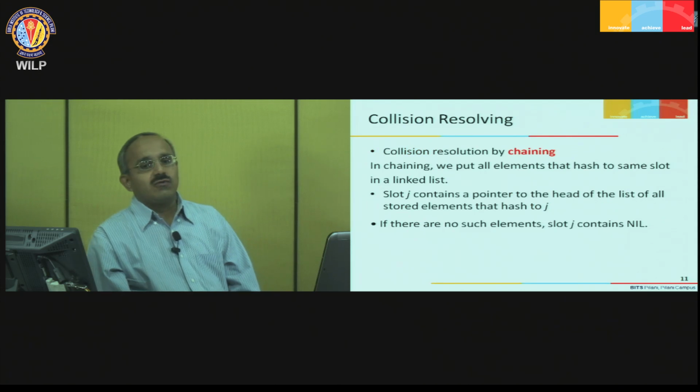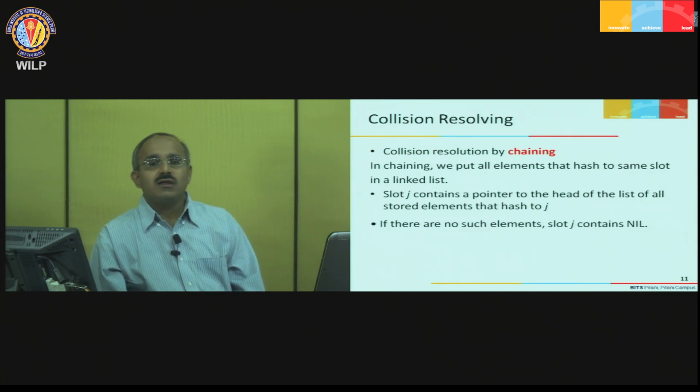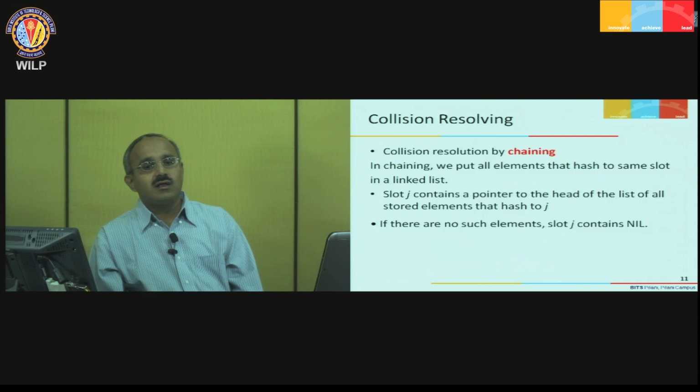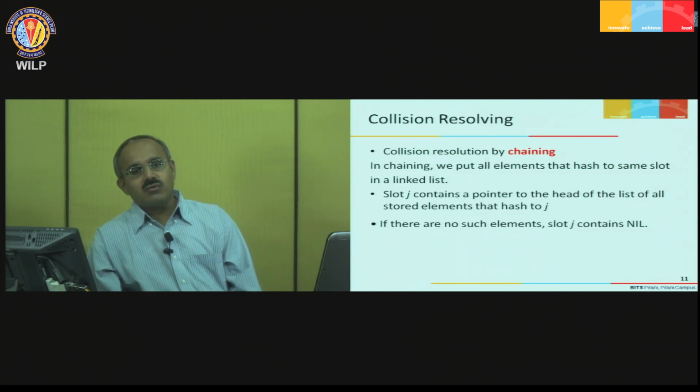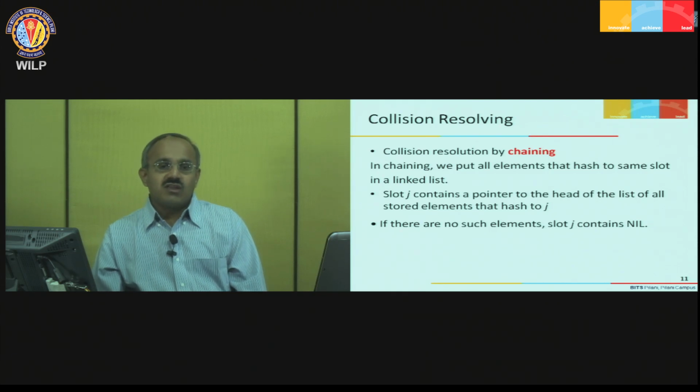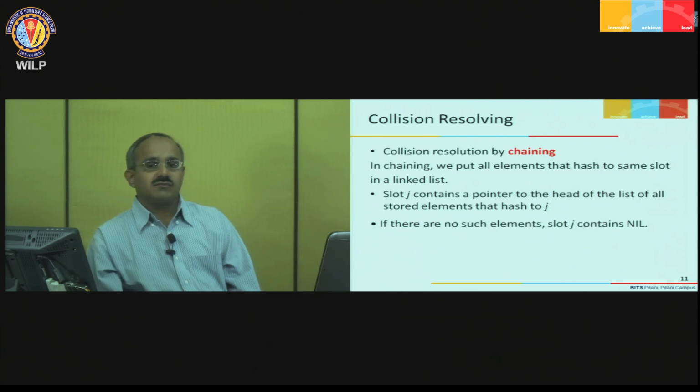One way of resolving collision is what is called chaining. There are different ways of resolving collision. As we said, one is to try to get a function which will minimize collision. Once you get them, then you still need schemes to resolve collision.